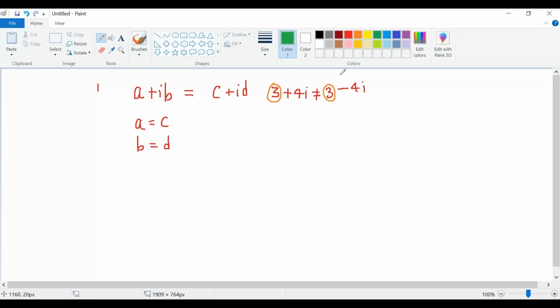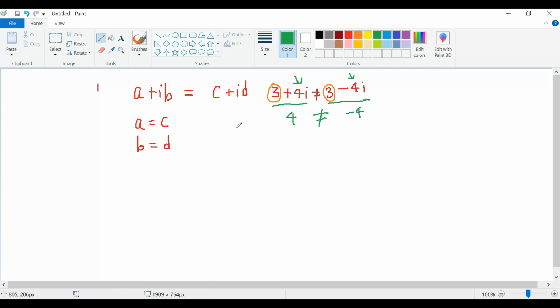So the real part is fine, but the imaginary parts are not equal. The imaginary part of the first complex number is 4, whereas the imaginary part of the second complex number is negative 4. So they are not equal, and so the two complex numbers are not equal. Hope that idea is clear.